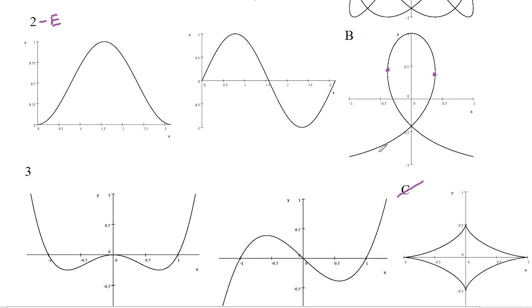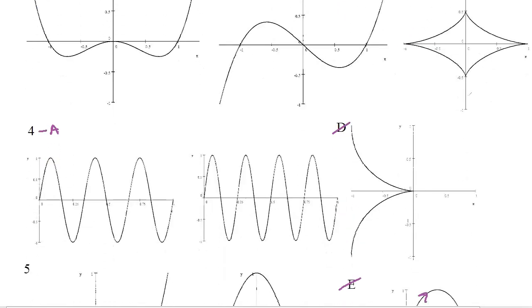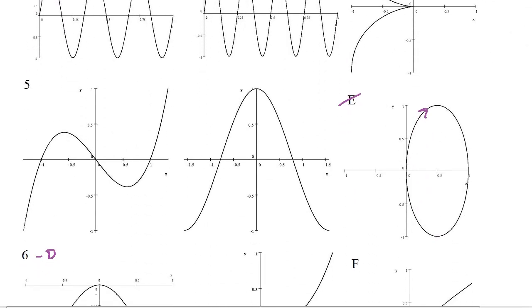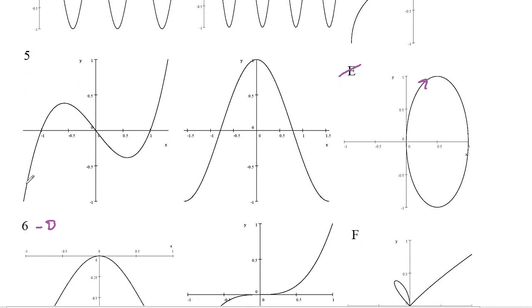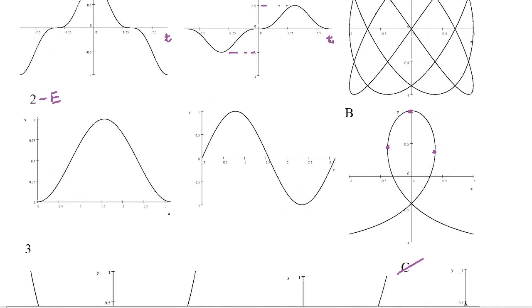And then your y graph goes up to here and then down. I think that's 5. X is going up, increasing to the right, down, decreasing to the left, up, increasing to the right. Your y value is going up and then back down. So 5 has got to go with B.